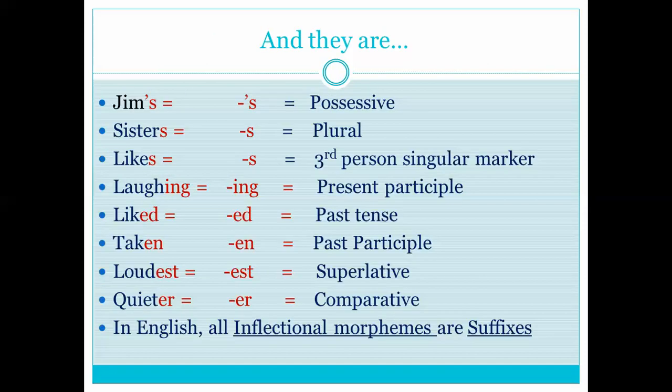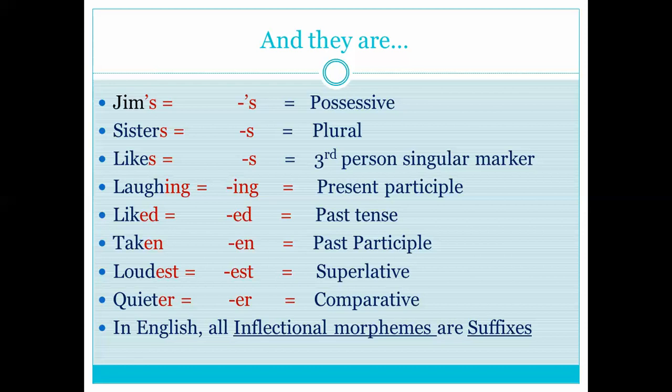Okay, so here are the examples. When showing possession, this would be an example. Showing possession from Jim to Jim's. When we're talking about multiples, plural, sister to sisters. When we make it into the third person, when we're changing who is speaking or who's doing the action, like or likes. When we are adding the ing to the end, like from laugh to laughing.